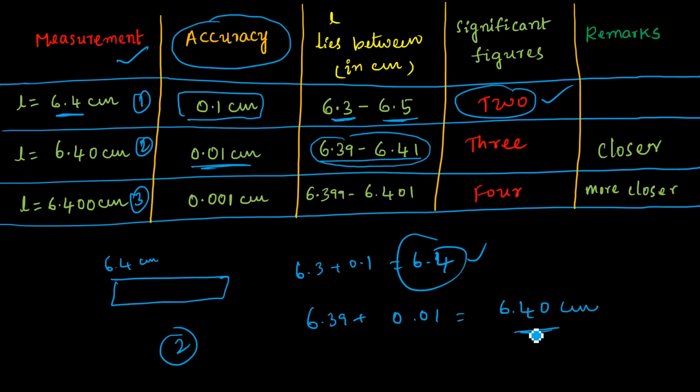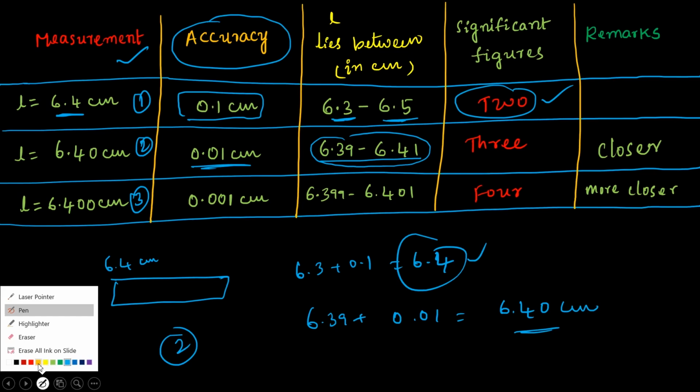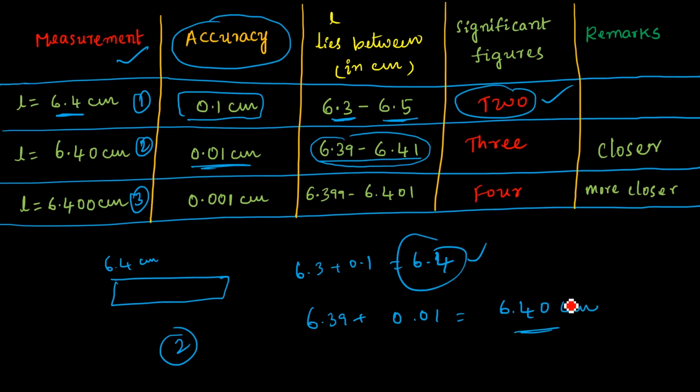That's the reason we have to consider the zero also as a significant figure. So here how many significant figures are there? 1, 2, 3.